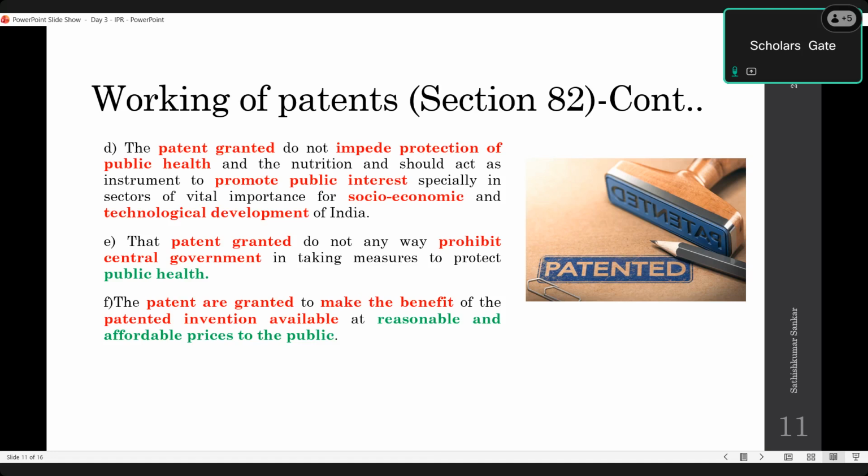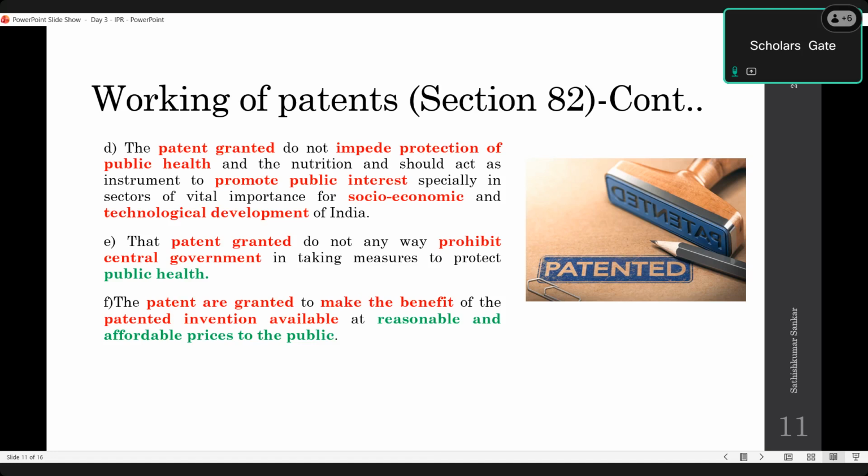Once the patent is granted, I will take a biological material as an example. Suppose I consume that particular biological material, which has been granted a patent by the patent office, and afterwards it harms our body.